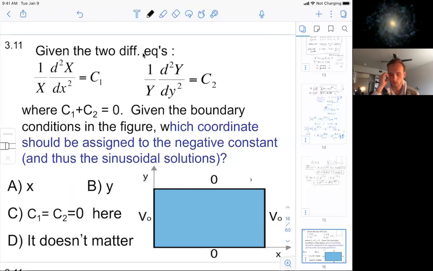Okay, so let's look at the behavior of these boundary conditions. What we emphasized earlier is that we had x equals 0, V is 0, and x equals a, it is 0. What does that tell us? That tells us it cannot be which format?